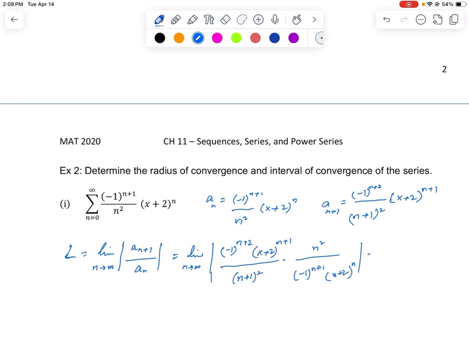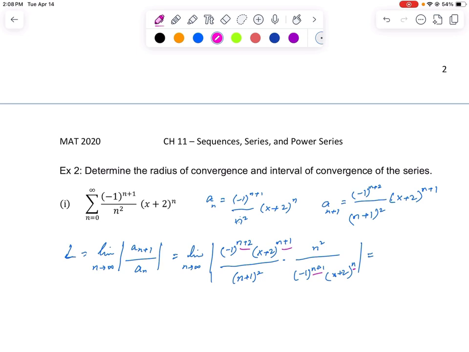Okay, simplify this. You should be able to see that here we have x plus 2 whole raised to n plus 1, and here we have x plus 2 whole raised to n. So this will give us just x plus 2 raised to 1, which is just x plus 2. The negative 1 powers are n plus 2 and n plus 1.